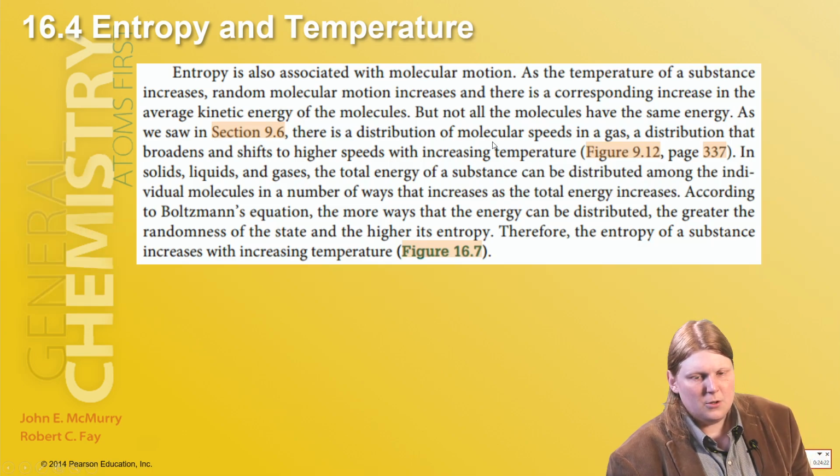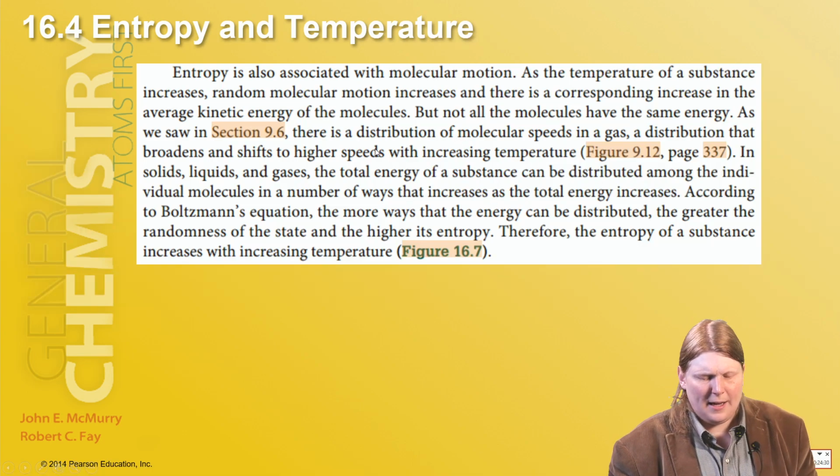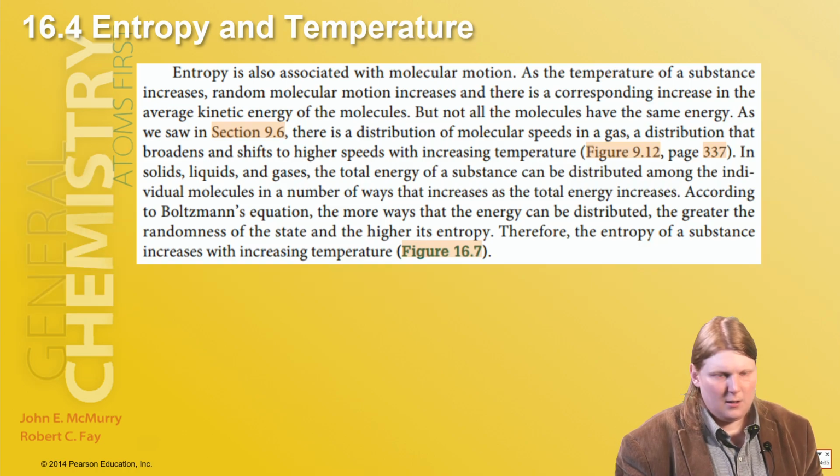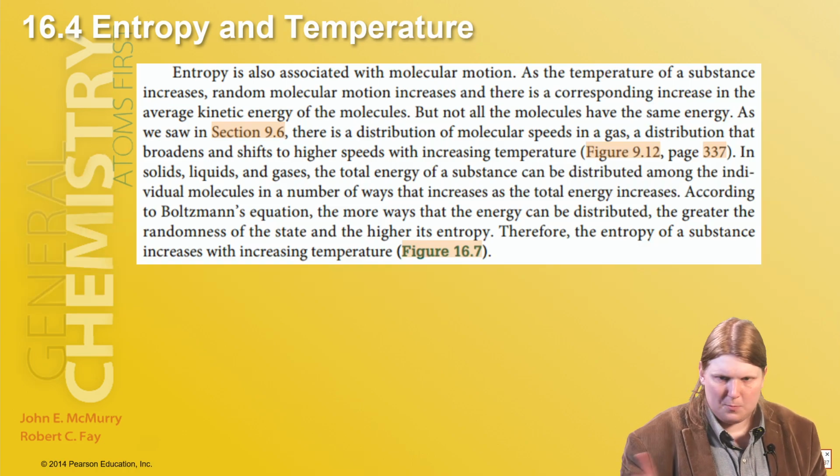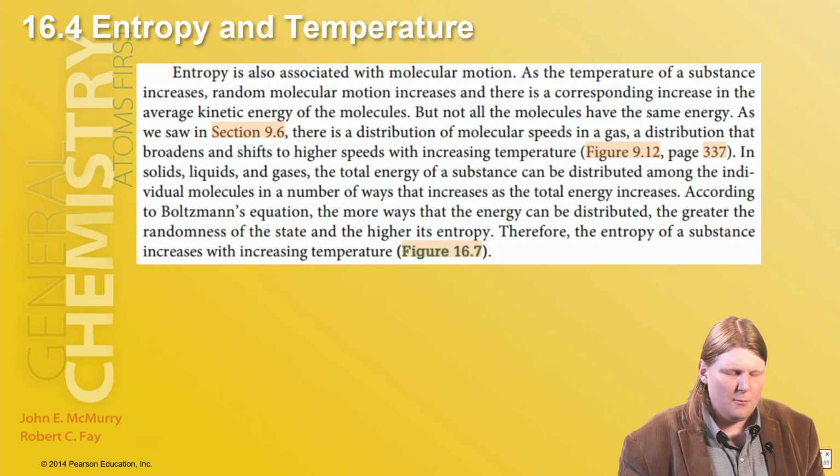So you would imagine that if you increase the temperature of something, you'll have more states be accessible, right? If you have some particles, there's different bending and twisting and a spread-out distribution of speeds and all different things. So if you have more energy, you should be able to disperse it in more ways because more modes will be accessible.